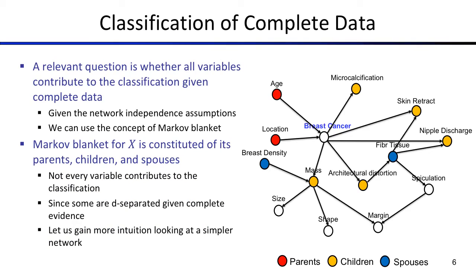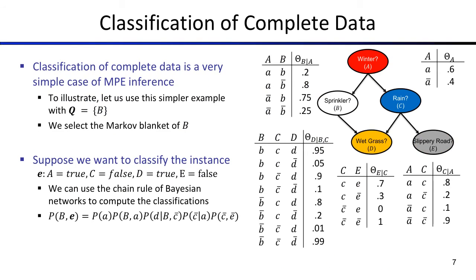Okay, so basically this is the same information that we had before, a little bit better organized. Let's take a look at that simpler example. I think it will help us understand this idea a little bit better. We can use this very simple toy Bayesian network to get a better understanding. In this network, we have the variables winter, sprinkler, rain, wet grass, and slippery road.